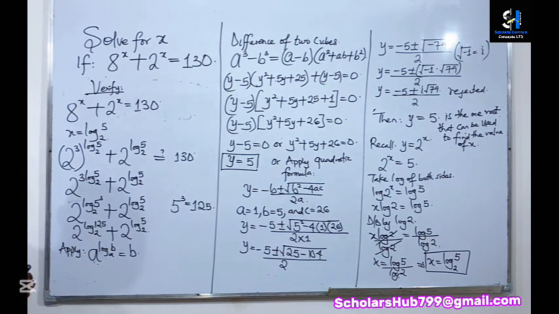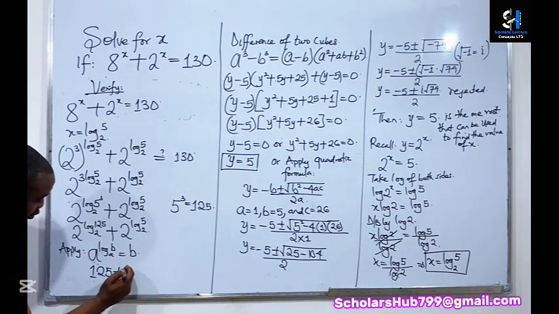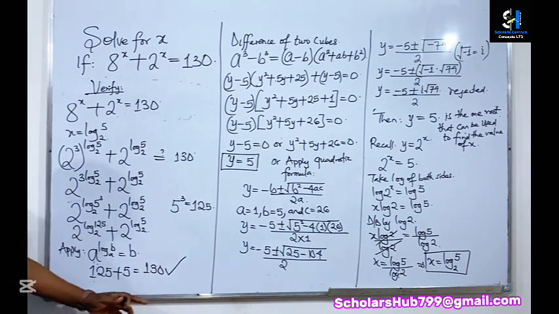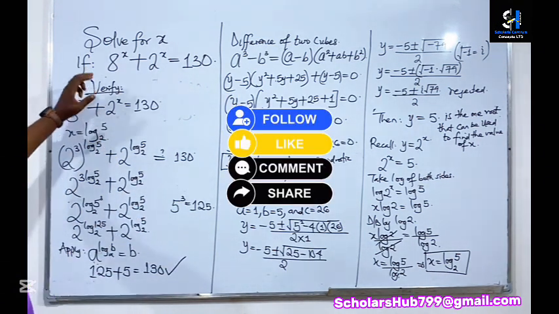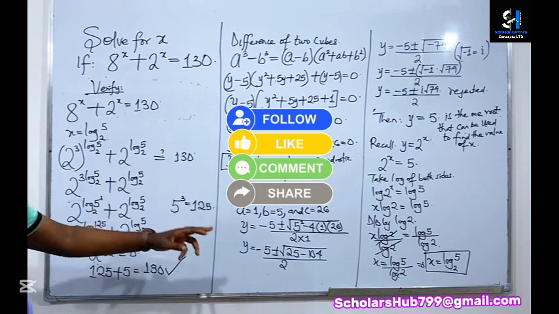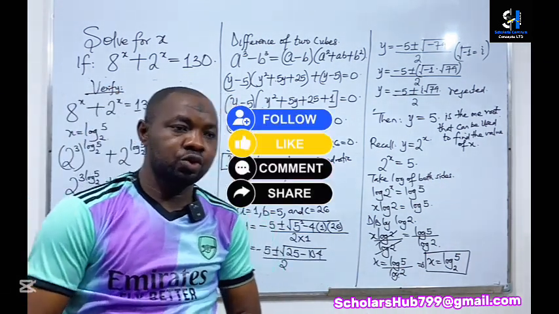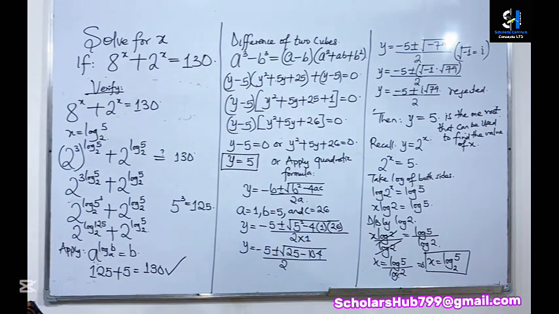Which means when the base and the base of the exponent are the same, then we strike out, and we have 125 for the first one, then this will be 5. And 125 plus 5 is 130, which is why x equals log 5 to base 2 is the only real solution that satisfies this equation.